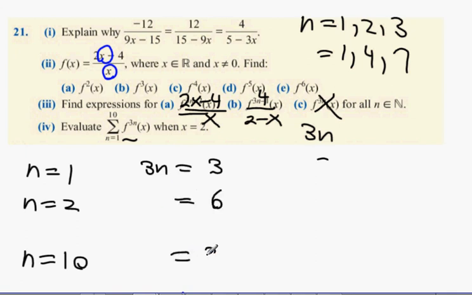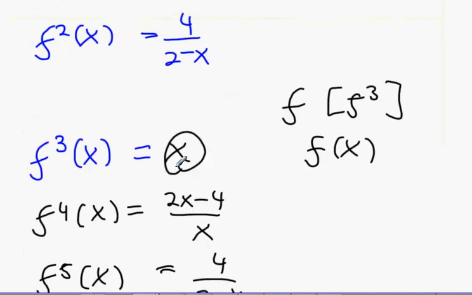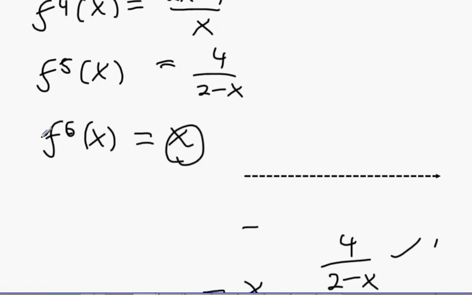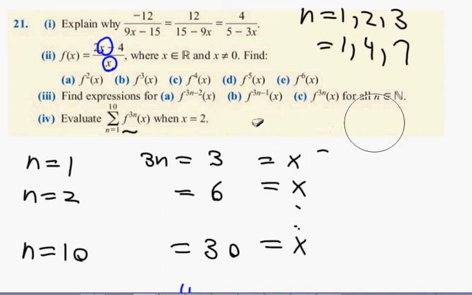Because n is 10, 3n is 30. Now, what do we know about 3, 6, 9, 12, 15, 18, 21, 24, 27, 30? They're all going to be x. So how many x's do I have? I have 10 of them. So the whole answer is going to be 10x. And then it says x equals 2. That will mean 20. Okay, guys.